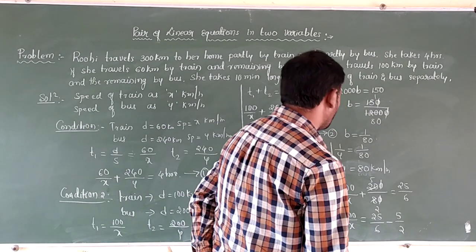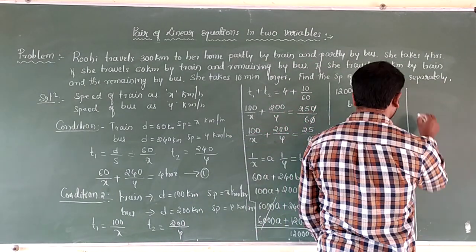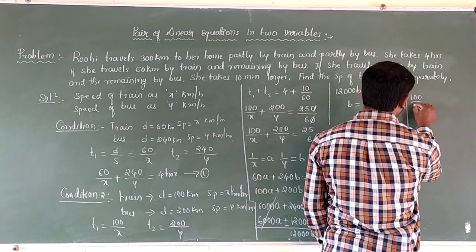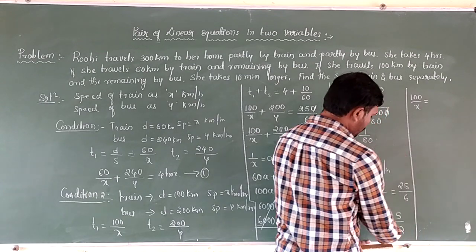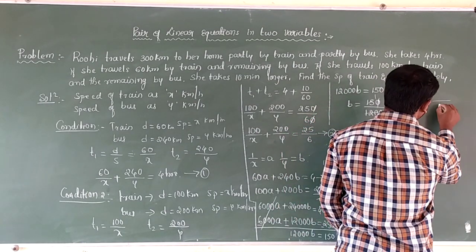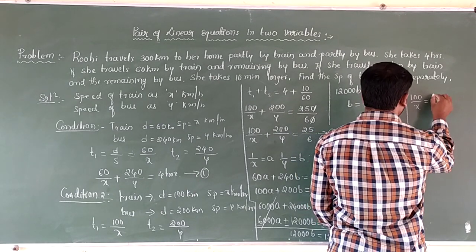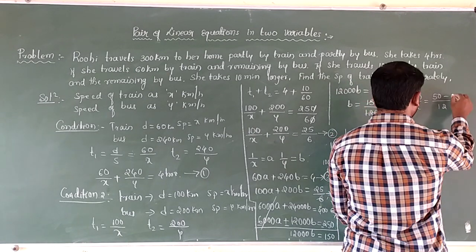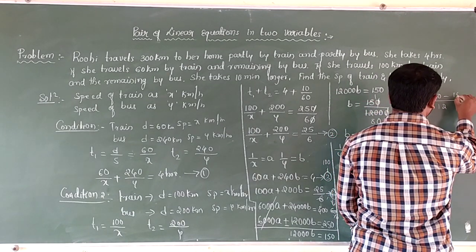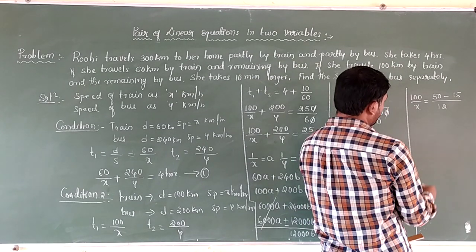Simplify this again. The LCM is 12. 2 25s are 50 minus 2 3s are 6, 5 3s are 15.